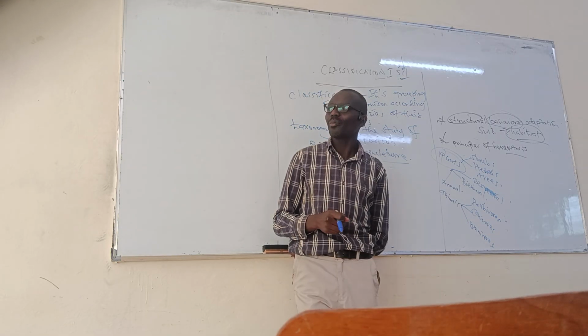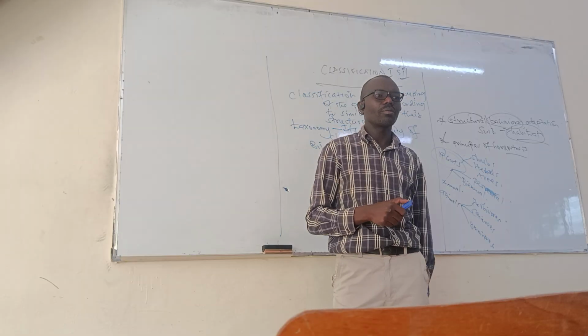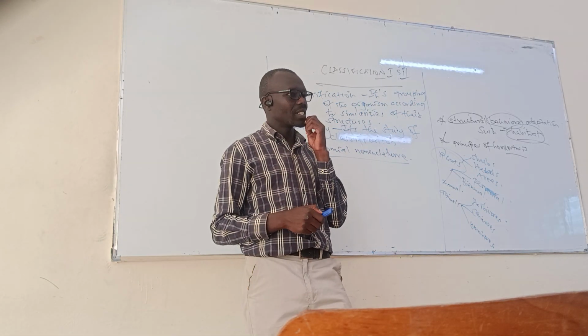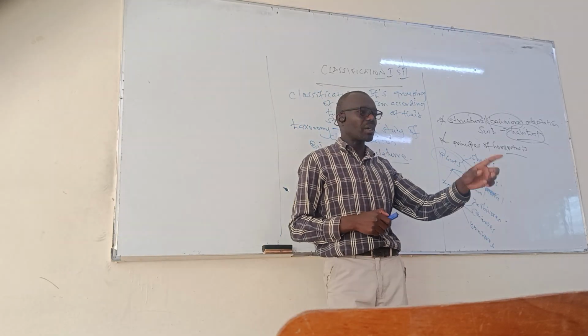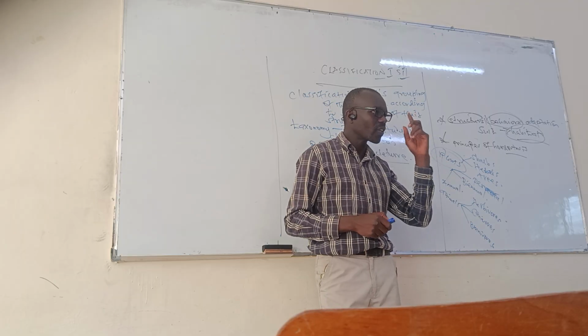What is the binomial nomenclature? The double naming system. Somebody else. What is binomial nomenclature? She is telling us that binomial nomenclature is double naming of organisms. Somebody else with a different idea, yes?